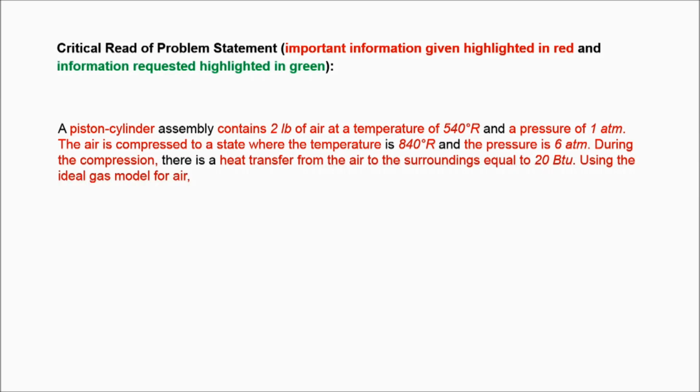The air is compressed to a state where the temperature is 840 degrees Rankine and the pressure is 6 atmospheres. During the compression, there is a heat transfer from the air to the surroundings equal to 20 BTU. Use the ideal gas model for air.